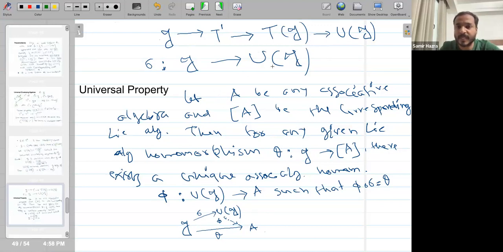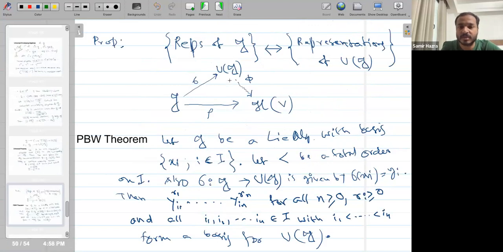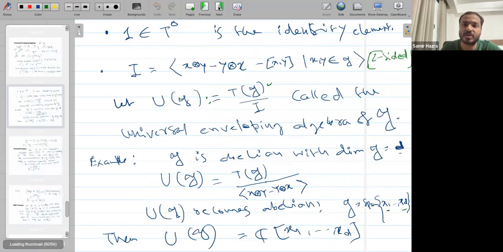So UG has this universal property. What is the universal property? UG is here, G is here, and GLV is here. If you have any representation rho from G to GLV, that representation factors through this particular map sigma, which we wrote here.